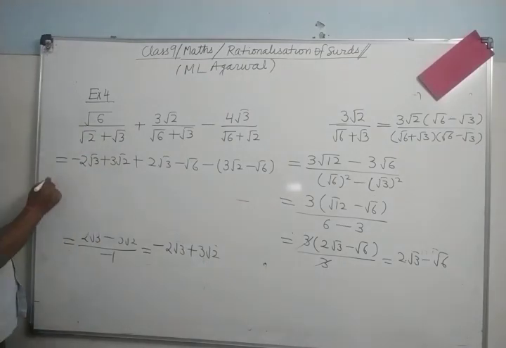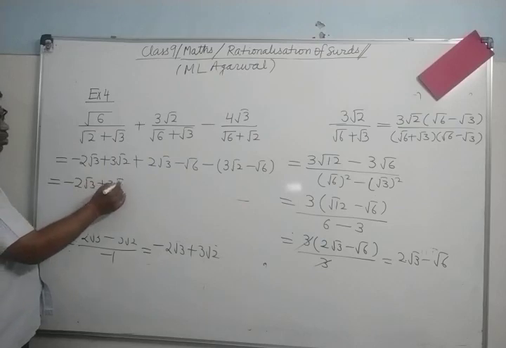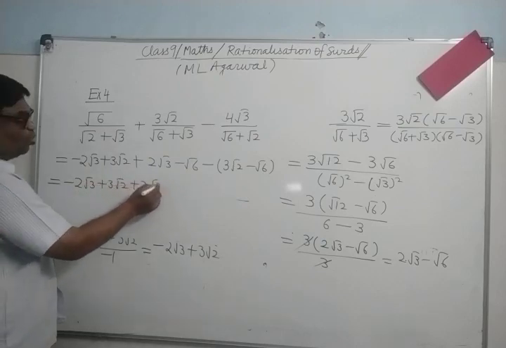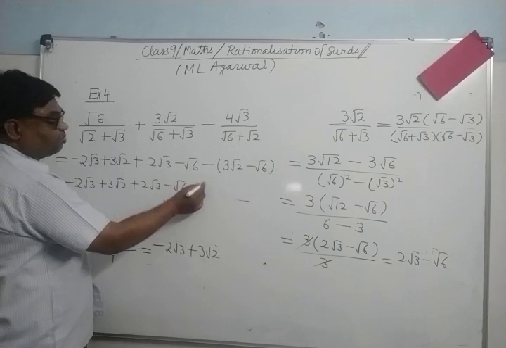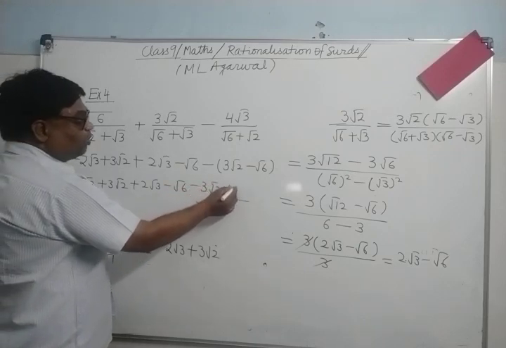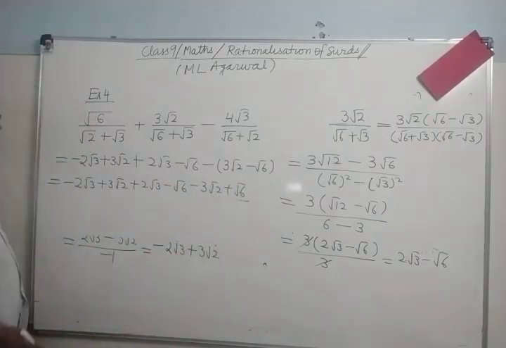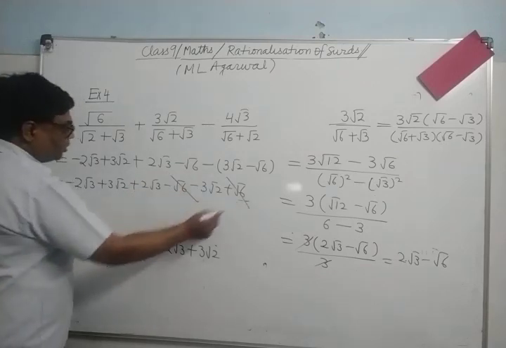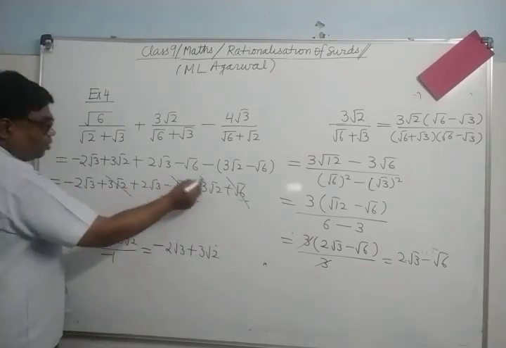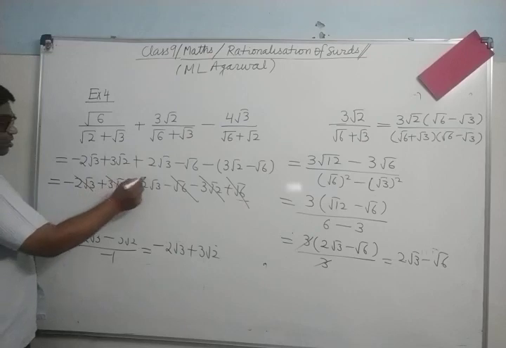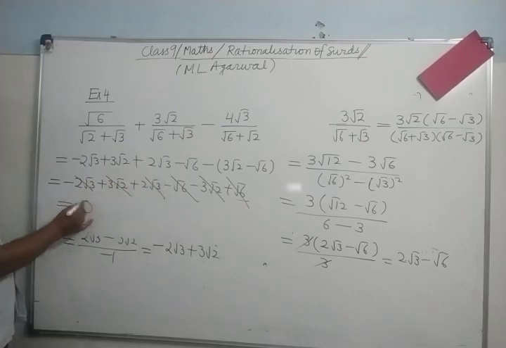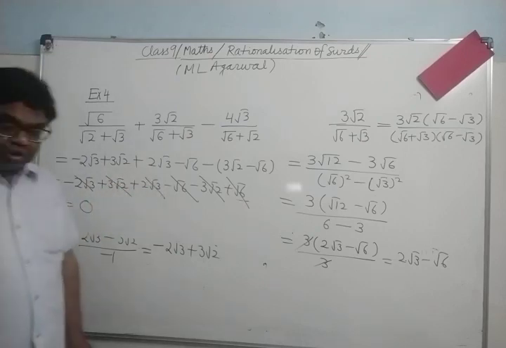Now open the bracket. Plus 3√2, 2√3 minus √6 minus 3√2 plus √6. Now further simplify. Minus √6 plus √6 cancel. Plus 3√2, this is cancelled. Everything has cancelled, resulting in 0.